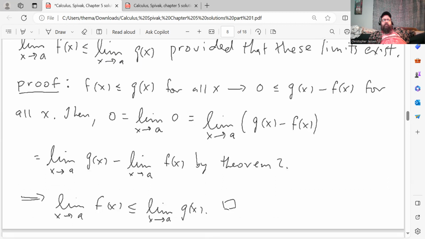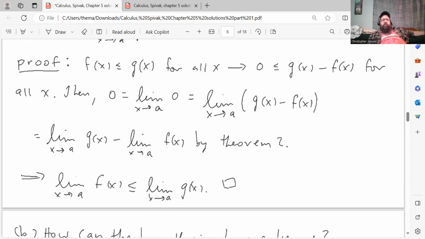So here's my proof. Let f of x be less than or equal to g of x for all x. That's equivalent to saying 0 is less than or equal to g of x minus f of x for all x. If I take the limit of both sides, I get 0 is equal to the limit as x goes to a of 0, which is equal to the limit as x goes to a of g of x minus f of x.